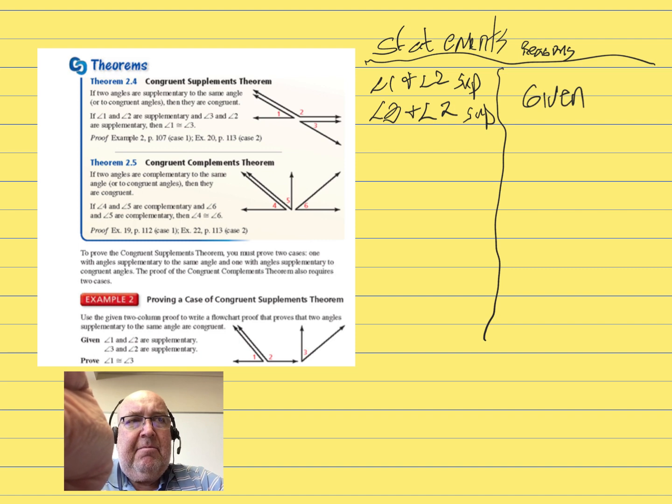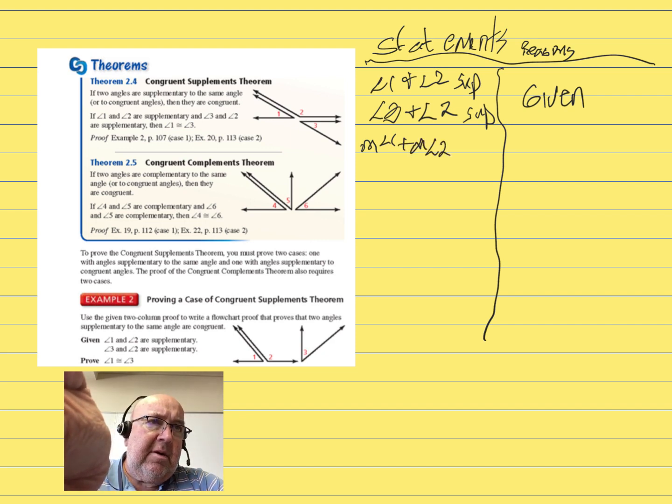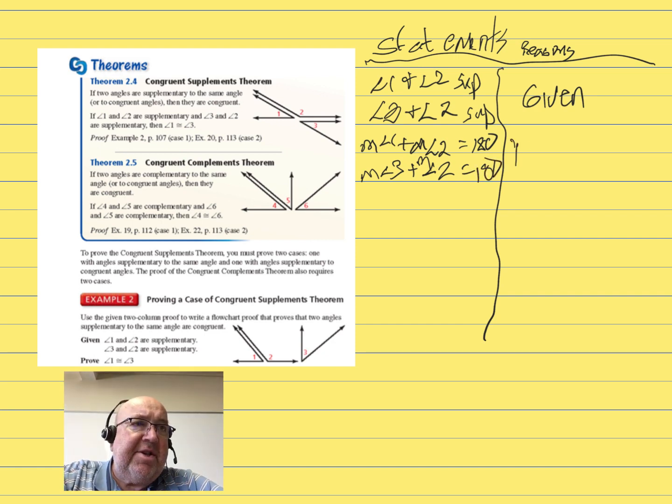So then, by the definition of supplements, we can go measure of angle 1 plus the measure of angle 2 equals 180 degrees. And the measure of angle 3 plus the measure of angle 2 is equal to 180 degrees.